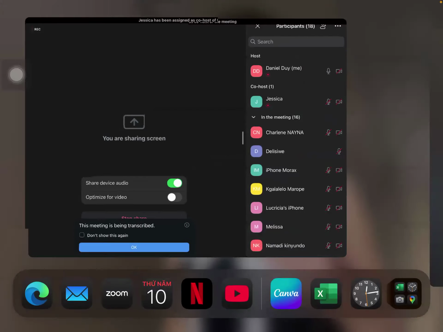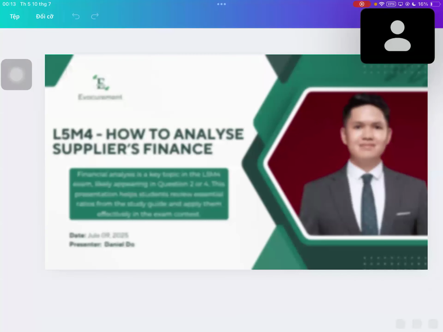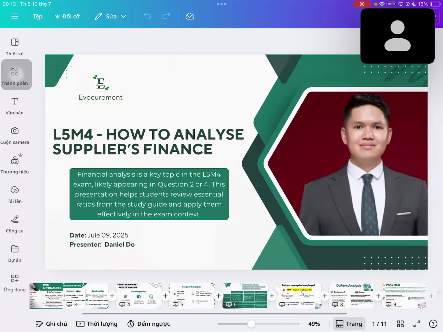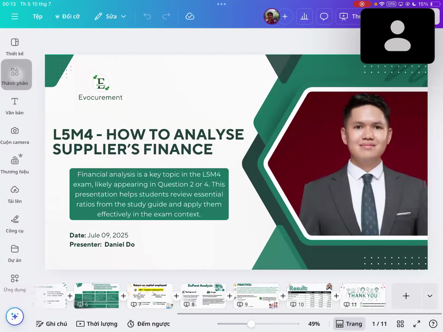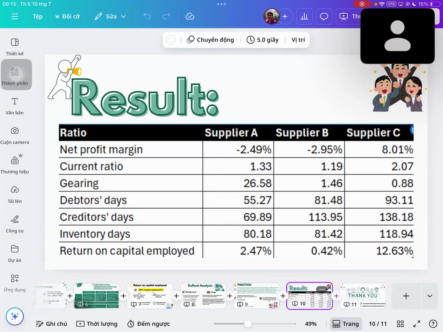All right, so that's all for today's revision of the FAM4 about financial analysis. As you can see, this could be quite challenging, and it requires you to take a lot of time to calculate. So when you perform your exam, you need to allocate enough time for this question.